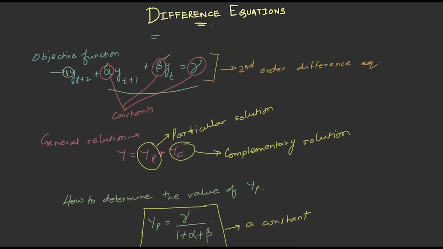Which means that this constant part, this gamma part, will be 0. So we will consider the gamma part as 0 and we will consider only this part, equals to 0, which is the homogeneous equation.